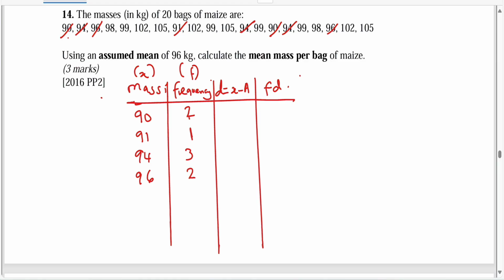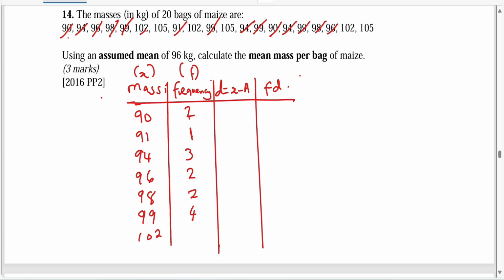97, I don't see any 97. 98, yes. 98 is 1 and 2, and we don't have any other. 99, I think there are many 99s, so you see 1, 2, 3, 4 99s. 100, there is 100. 101 I also don't see, so it's 102.